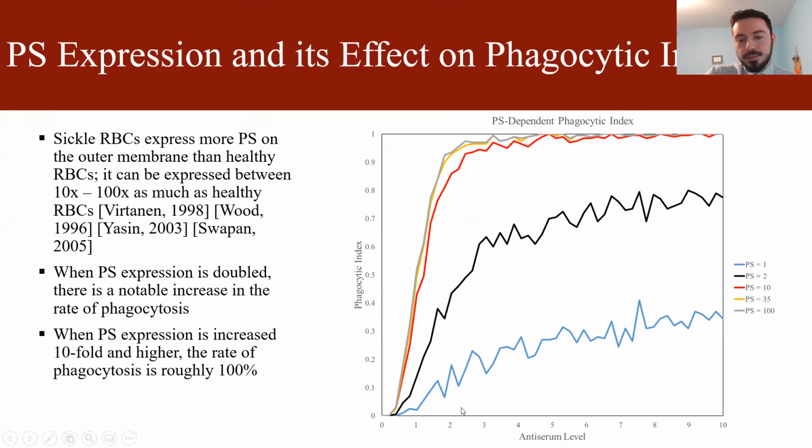For example, when NAB levels are around 2, then the phagocytic index is 20% for a PS value of 1. But when it increases to 2, it's around 35%. And when PS expression is increased to 10 times as much or even 100 times as much, the rate of phagocytosis is roughly 100% for most anti-serum levels.